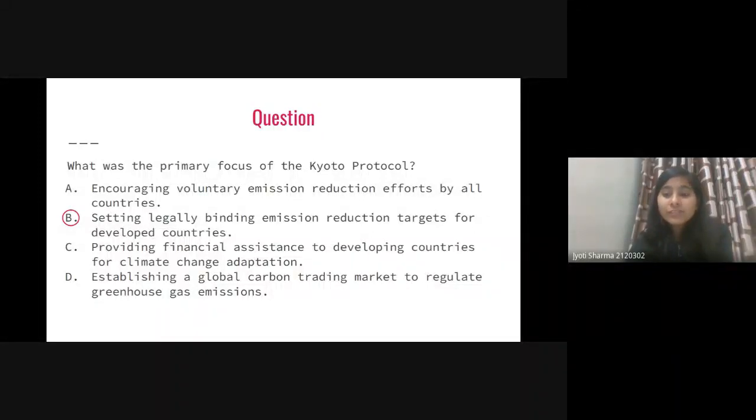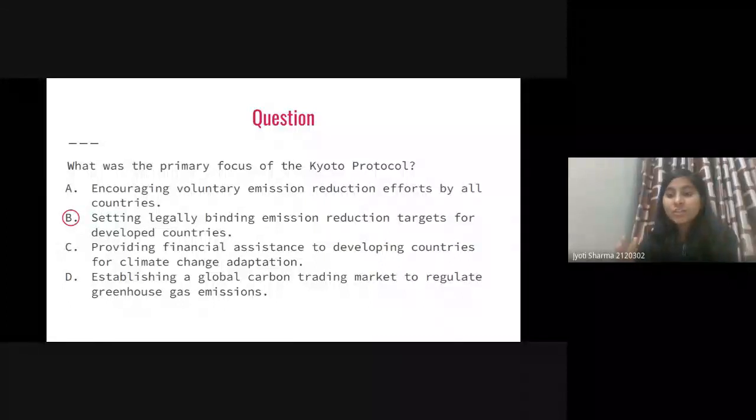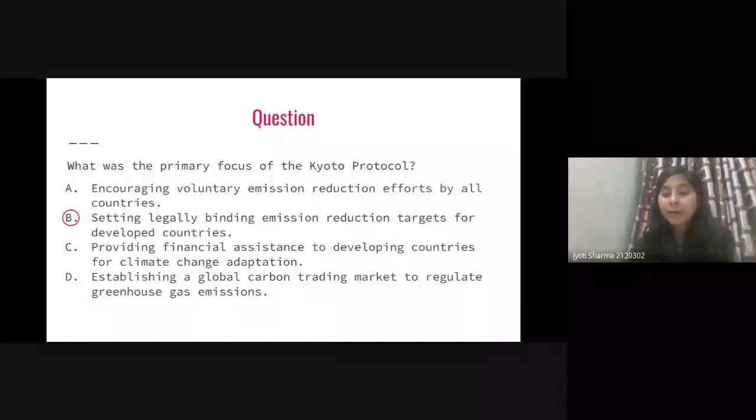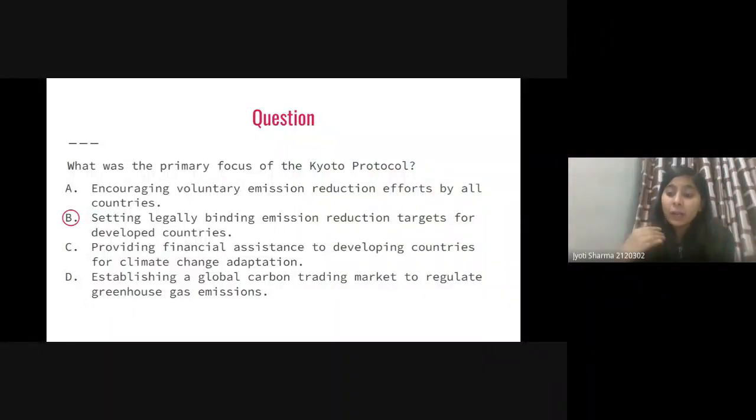So each country was given a target, like up to which year, for example, up to 2030, how much of the emission will be reduced. So each country has been given some target to reduce the emission of the greenhouse gases or to stop the fossil fuel. So this was the primary focus, to legally bind emission reduction target for the developed country, because this was the debate that most of the developed country already have emitted a lot.